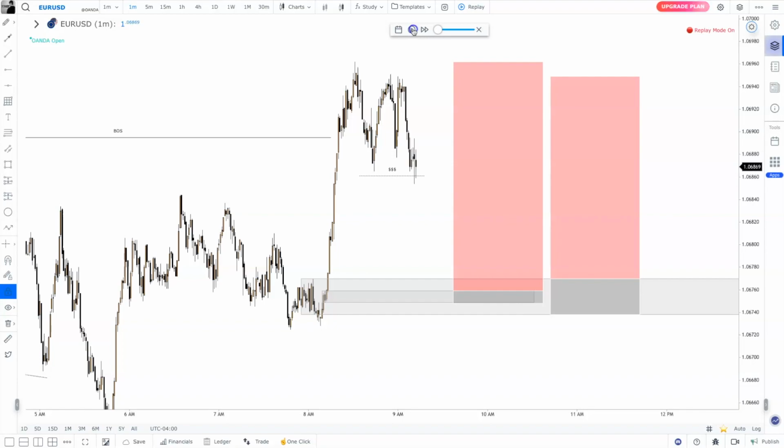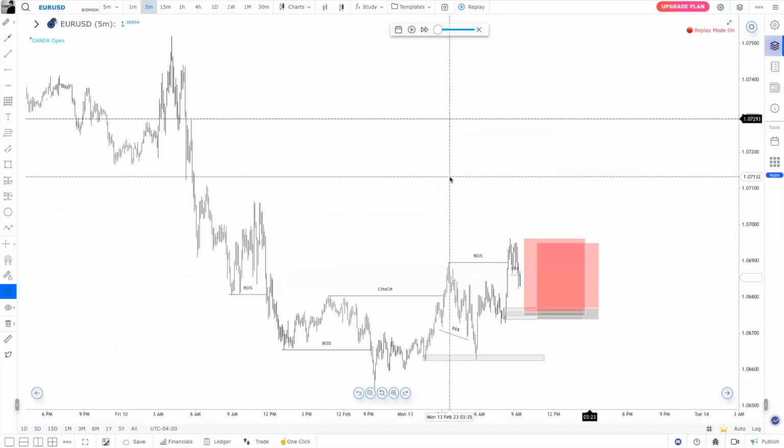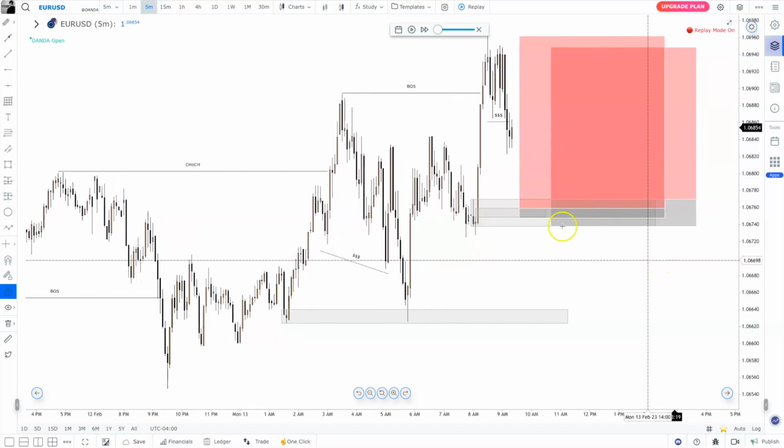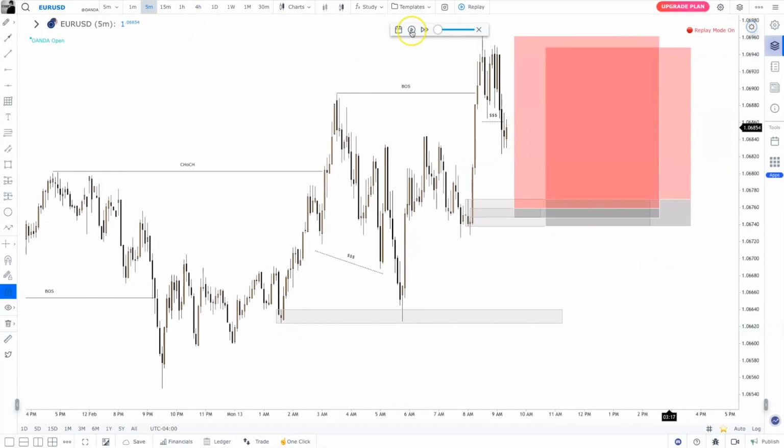All right. So let's see anyways what the market is going to do. It's actually played out. Let's go to the 5 minute. I like that it's forming liquidity. And let's see.